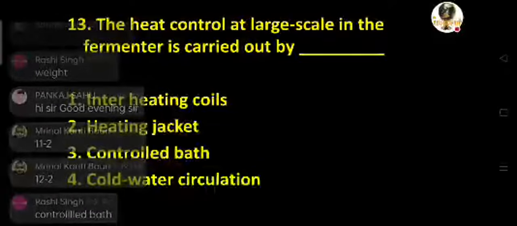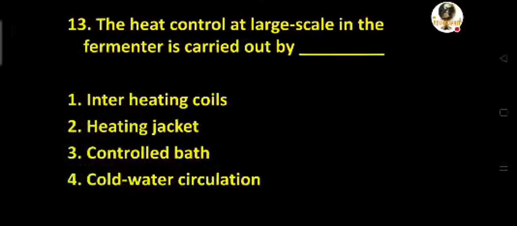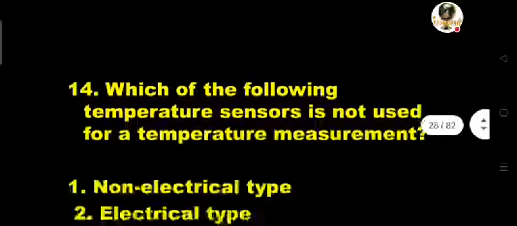Heat control at small scale in the fermenter is carried out by silicon heating jackets and a controlled bath. So the correct answer is cold water circulation. Cold water circulation is the correct answer.